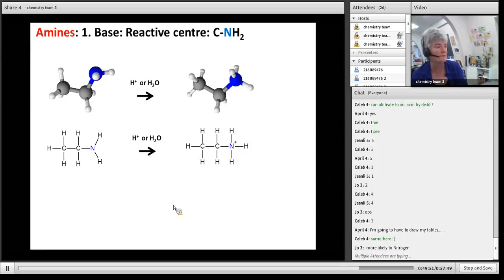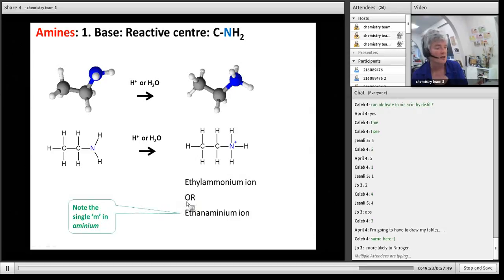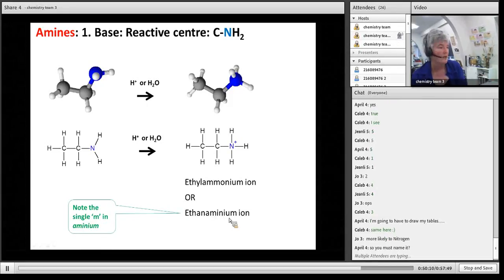Okay. If you wanted names, the old name is ethyl ammonium ion, and you can call it that, or if you wanted to give it the new IUPAC naming, it's an ethanaminium ion. It's A-M-I-N-I-U-M for amine. I don't think that this is ultra important. Yep.